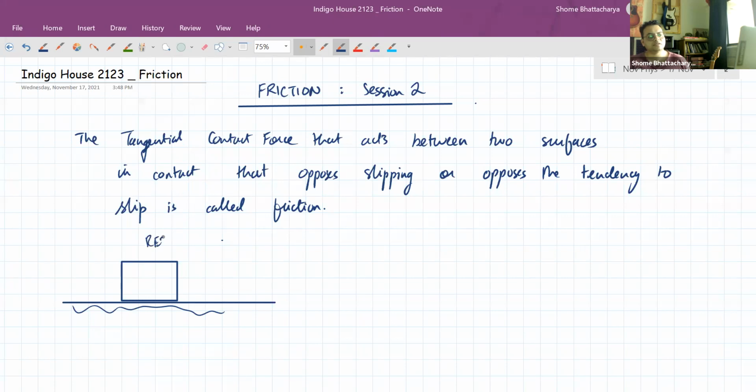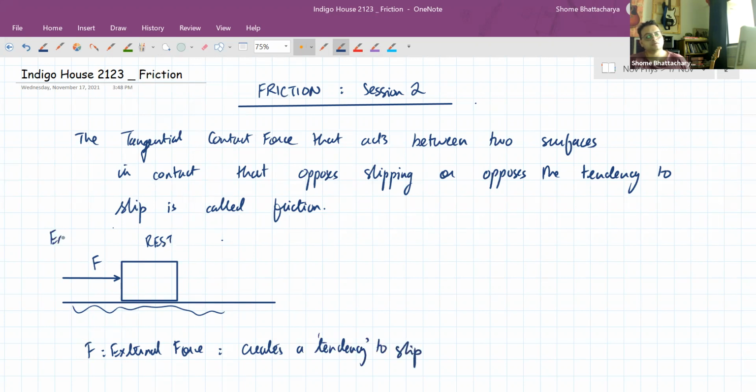If this is at rest, in spite of application of some external force F, this creates a tendency to slip, but friction prevents slipping. So there is no slipping between the two surfaces.